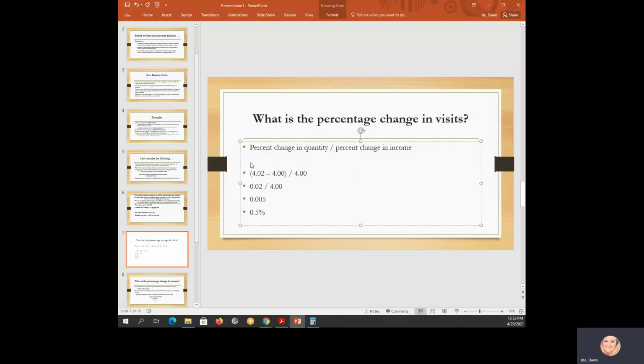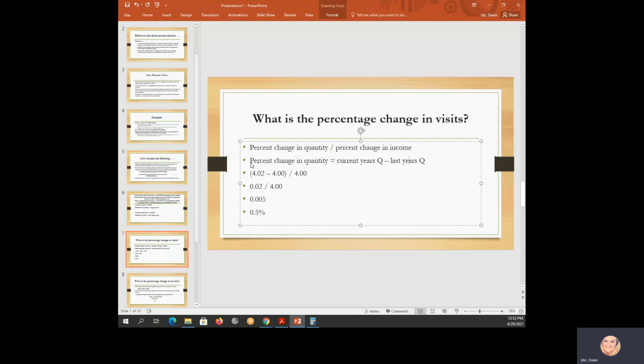So in order to get the percent change in quantity, not quality, quantity, that equals current year's quantity, which is your Q, or your visits, minus last year's quantity.